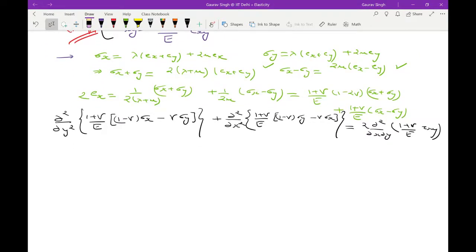Okay, now let's see if we can simplify it in any way.